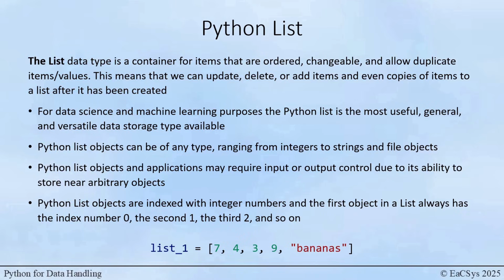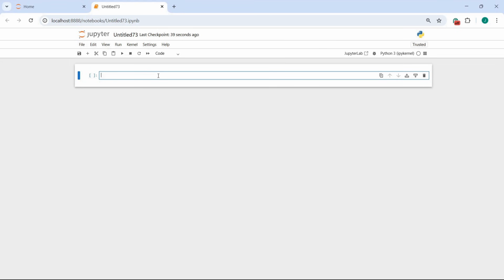And now we're going to take a look at some example code. So start up your code editors, because we're going to type some Python list code. All right, having started our code editors, we will type some Python list code.